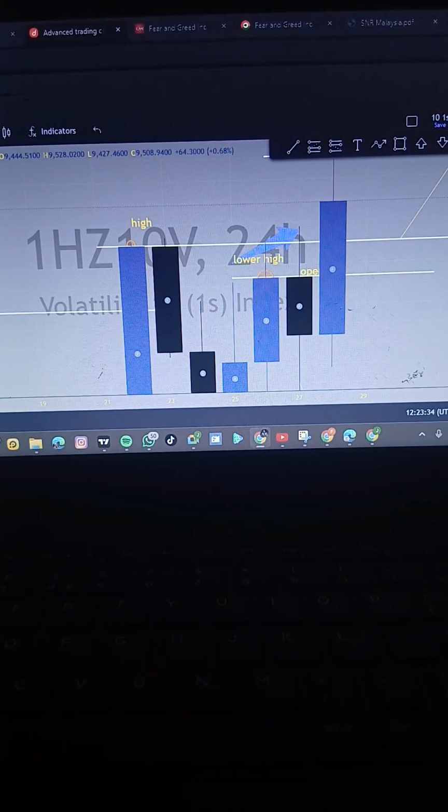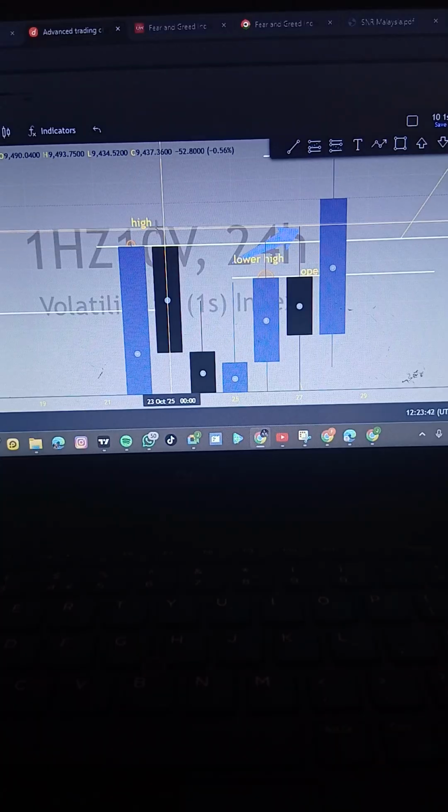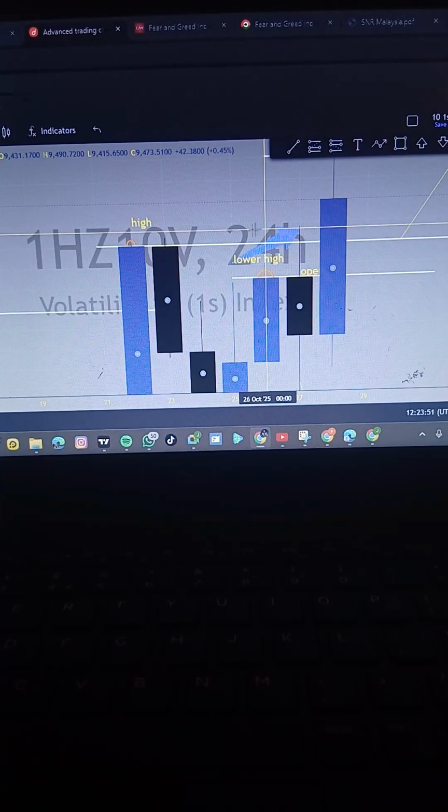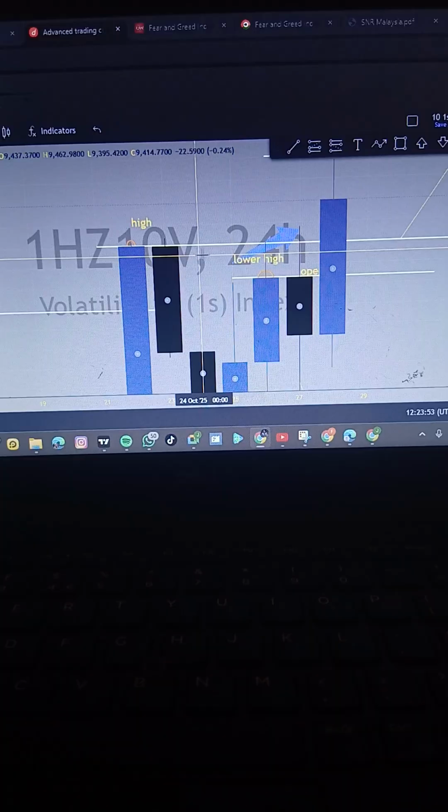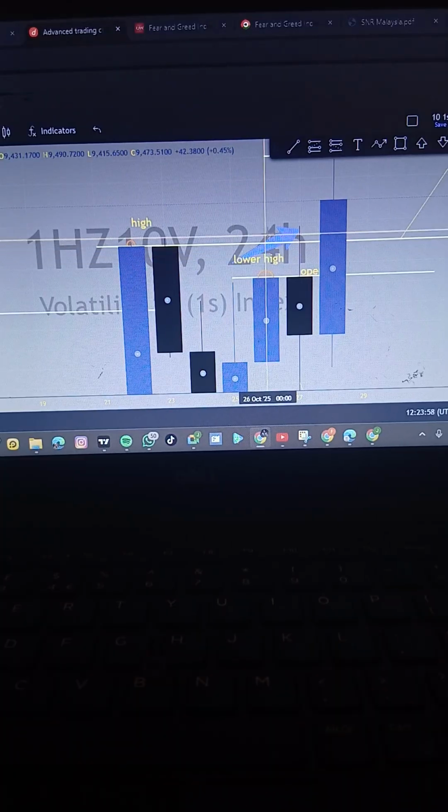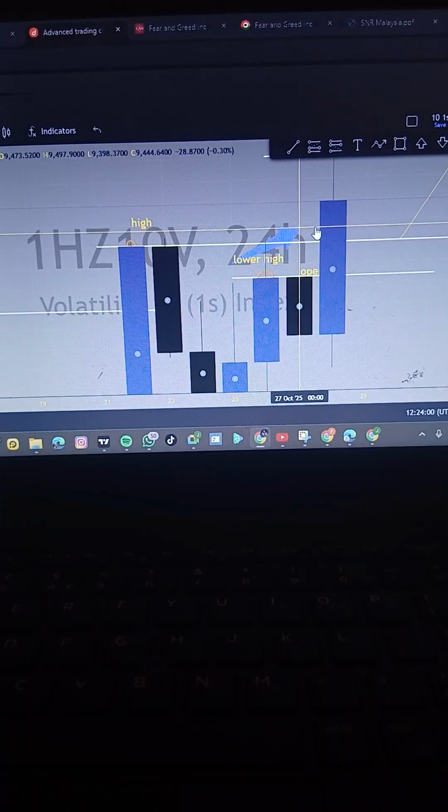You want to be making a decision when price is reaching that line, because previously you are seeing it rejecting here. It is giving you a clue that the next time price touches this line that you've marked, if price doesn't close above, it will sell.